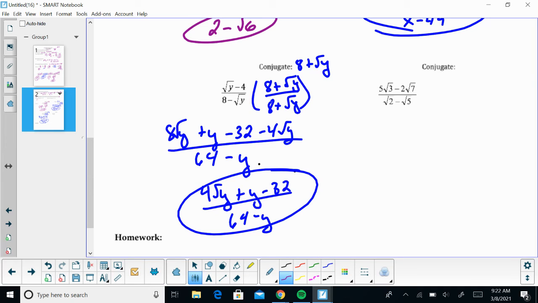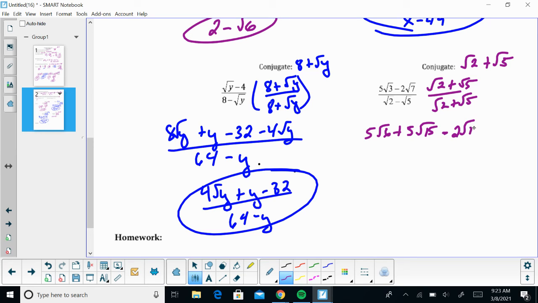Okay, one more. My conjugate over here is root 2 plus root 5. Double distributing up top, I'll have 5 root 6 plus 5 root 15 minus 2 root 14 minus 2 root 35.